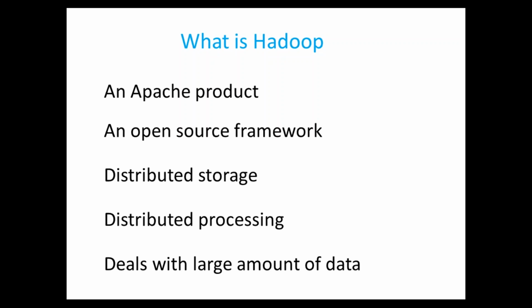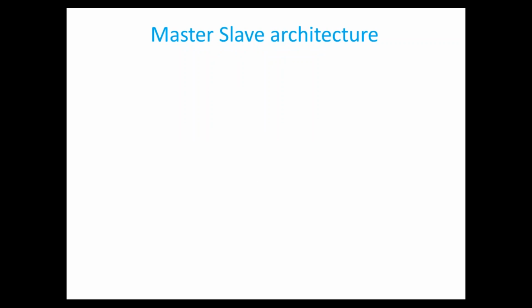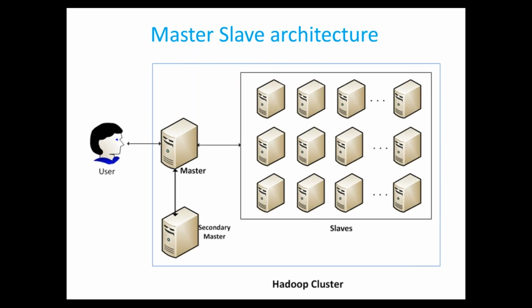Now let's move to the next slide and we'll throw some more light on the Hadoop architecture. Hadoop is providing a master-slave architecture. You can compare it with the school example. In school, the principal was there who was controlling the teachers, or I would say who was assigning the task to the teachers.